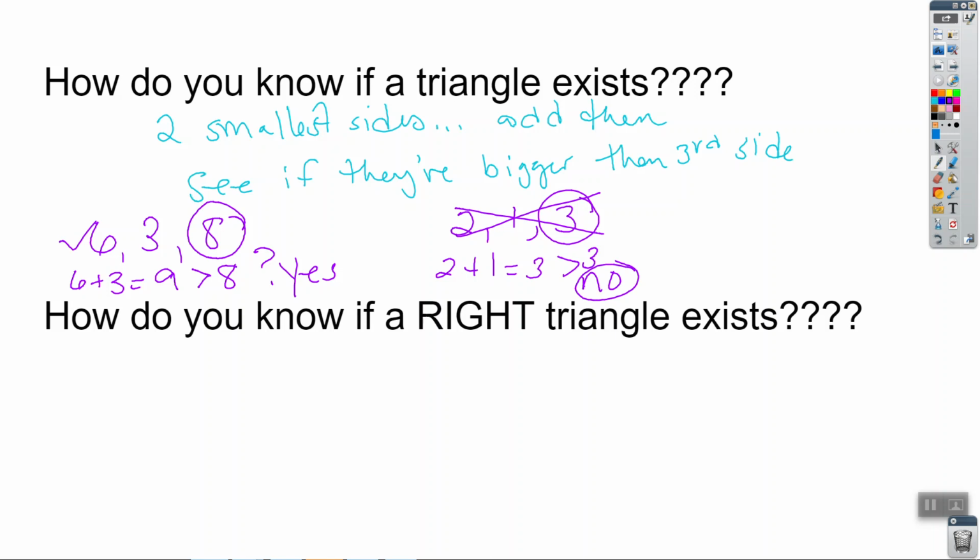So let me look at one more. 8, 6, and 1. 8 is my biggest, so I take 6 and 1 and add them together. I get 7. Is 7 bigger than 8? Nope. Also, no triangle.